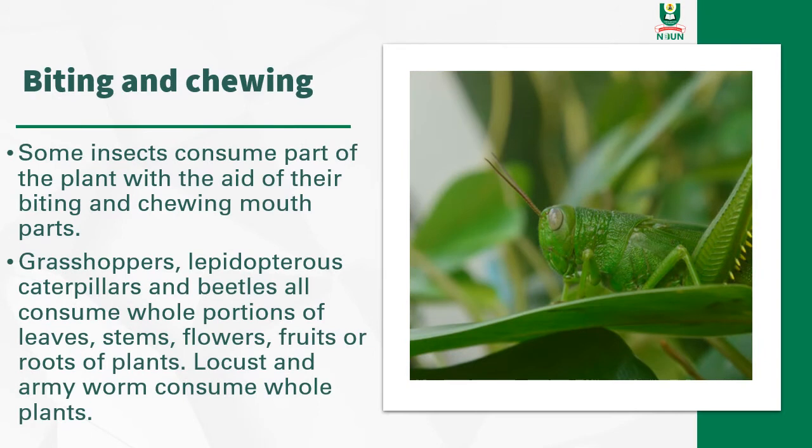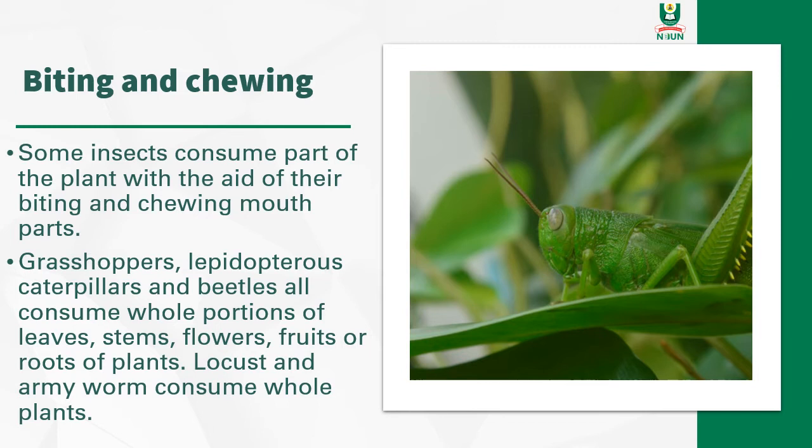First one we'll be talking about is the biting and chewing. Just like the name, these insects bite and chew parts of the plant with their mouth parts. Examples of insects that belong to this category are the grasshoppers, the lepidopterous caterpillars, and beetles.